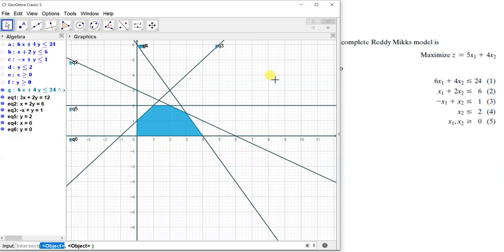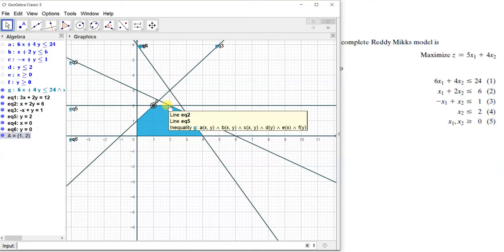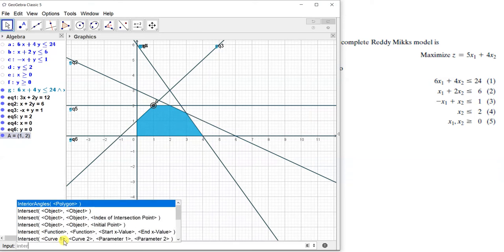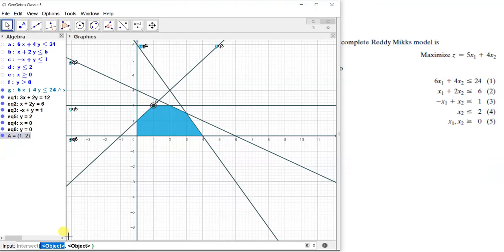Now this point is the intersection of equations 2 and 5.